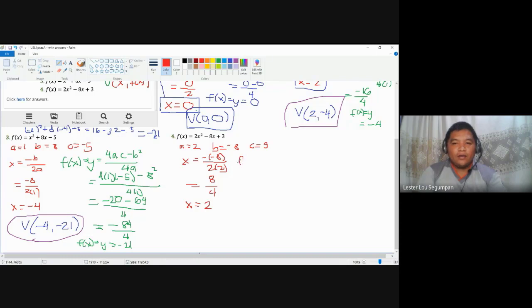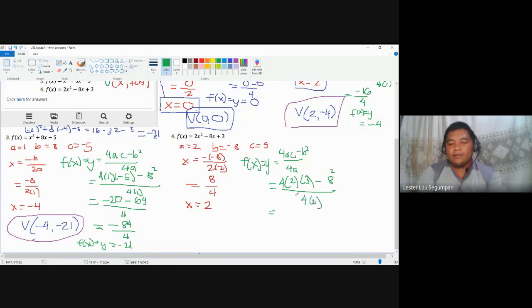Your y or your f of x coordinate is equal to 4ac minus b squared over 4a. So 4 times 2 times 3 minus 8 squared all over 4 times 2.